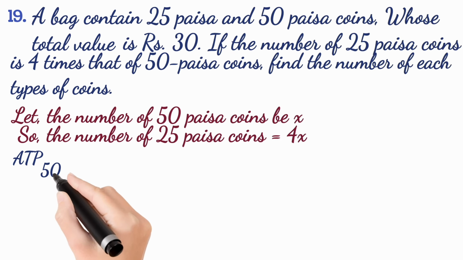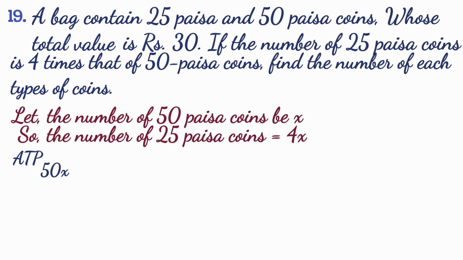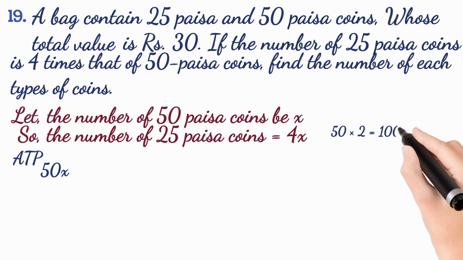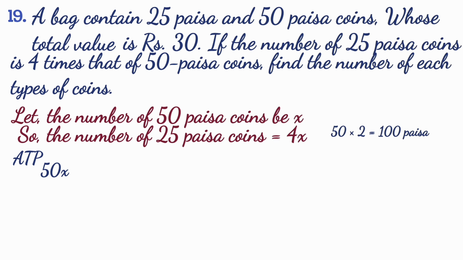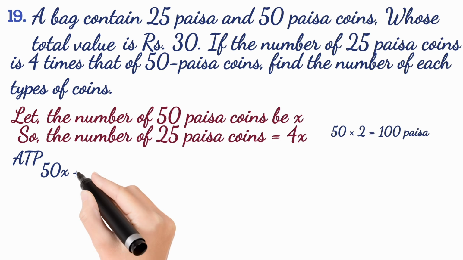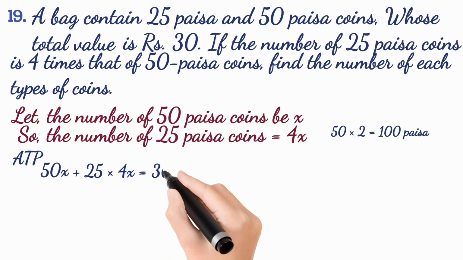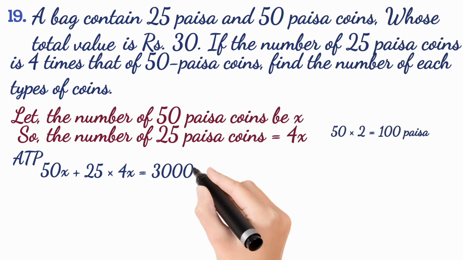So, let us write 50x. You can ask why you are writing 50x, ma'am? The number is x only. This is because if you take 2 50 paisa coins, how many paisa you will get? 100 paisa. 2 is the number. That's why I have written 50x plus 25 paisa coin is 4x.